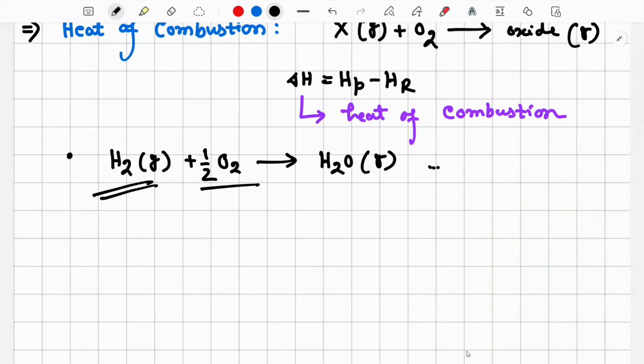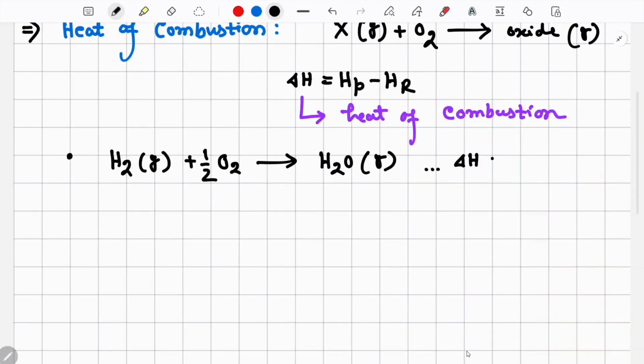So you have to keep one mole of the particular species for which you want to calculate the heat of combustion. And what is the value of this? This delta H is minus 68.40 kilocalorie. So is it an exothermic or endothermic reaction?